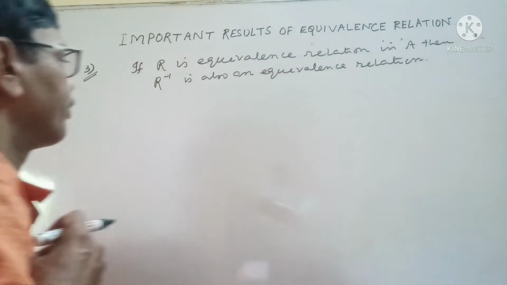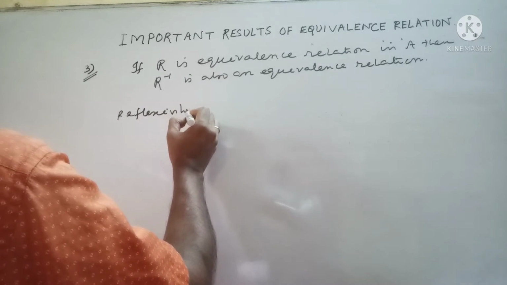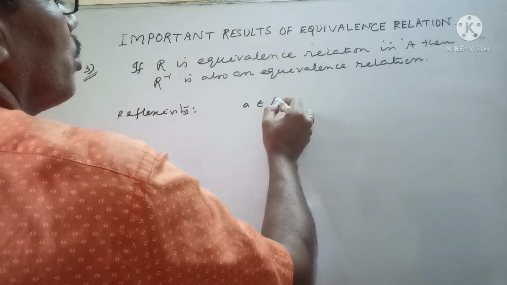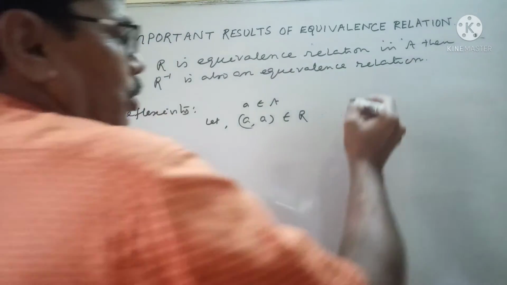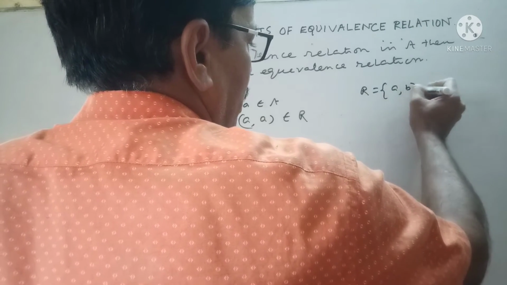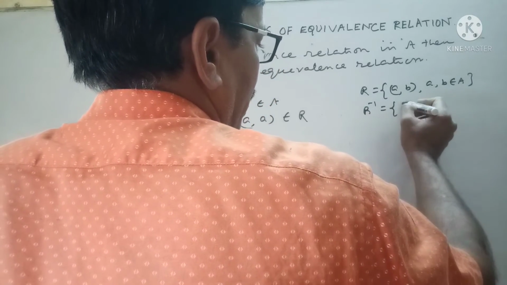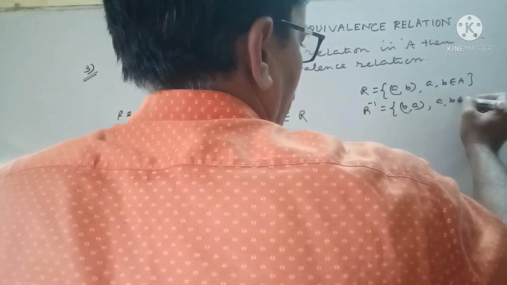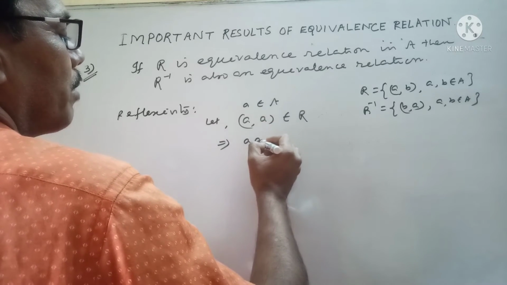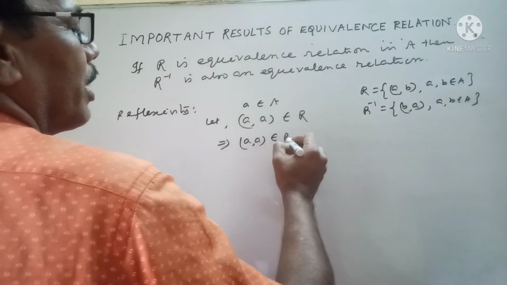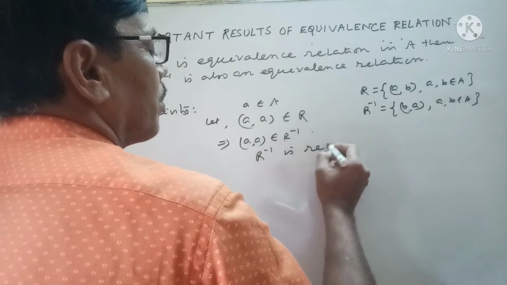Reflexivity: let a belong to A, so (a,a) belongs to R. What is the inverse relation? R inverse consists of (b,a) for (a,b) in R. Since (a,a) belongs to R, (a,a) belongs to R inverse. Therefore R inverse is reflexive.